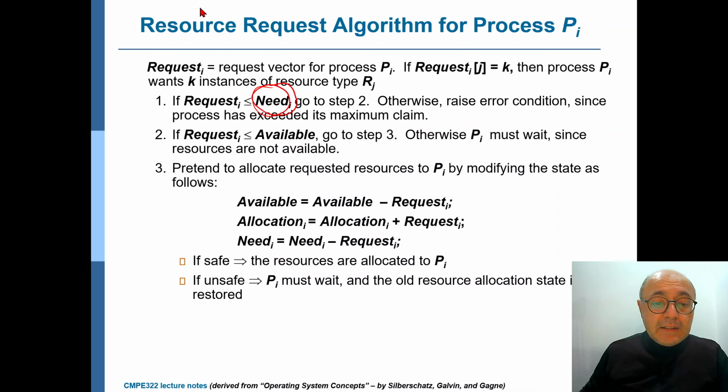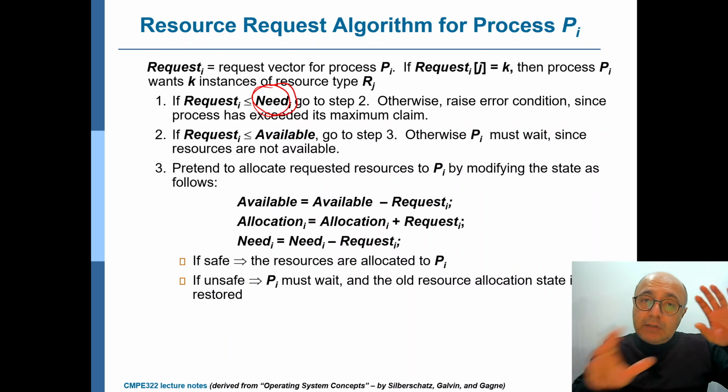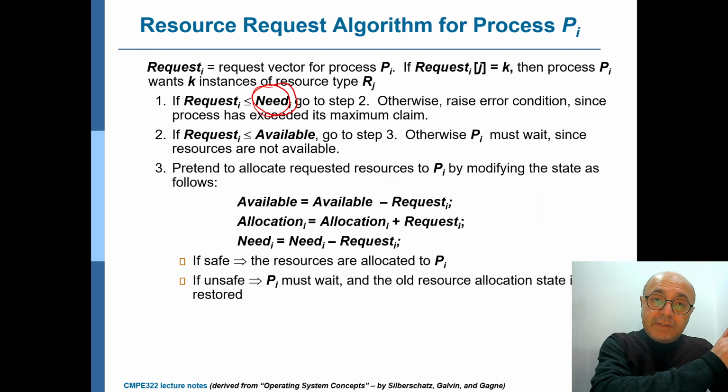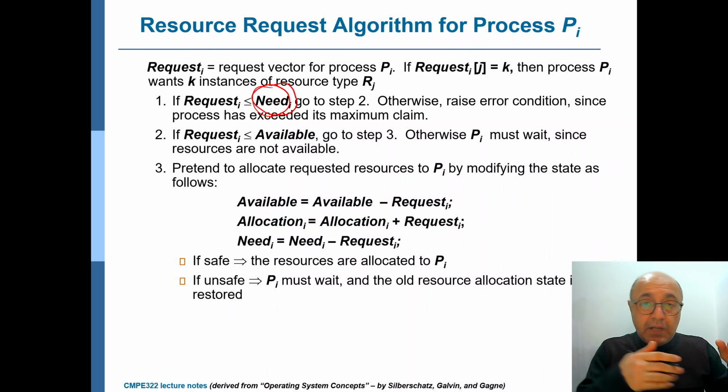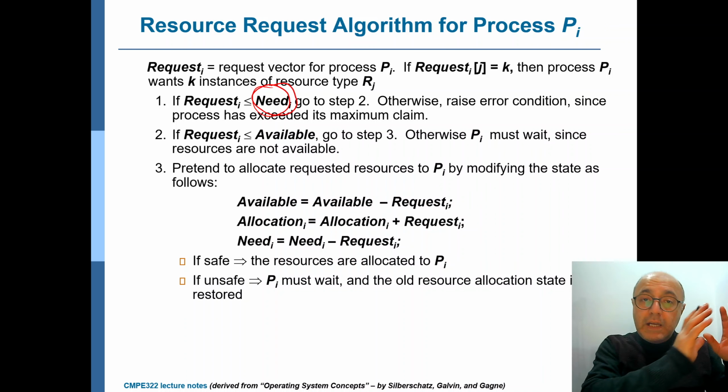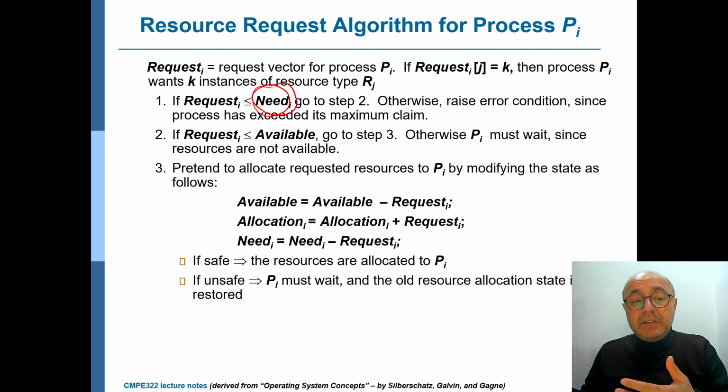And for that, what we do is, let's see what would happen if the request was accepted. So take a copy of the current state, because we might need it. If you don't accept the request, we're going to return to that state. So take a copy of that, and let's act as if that request was accepted.